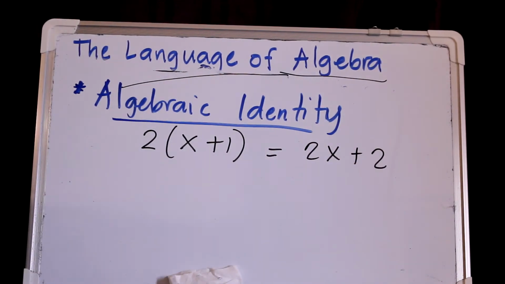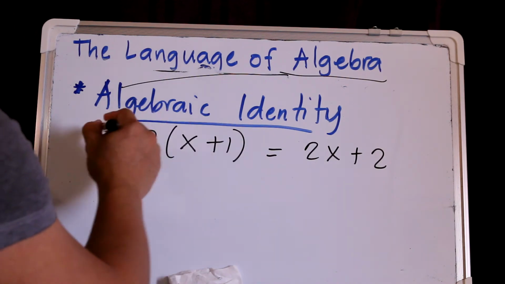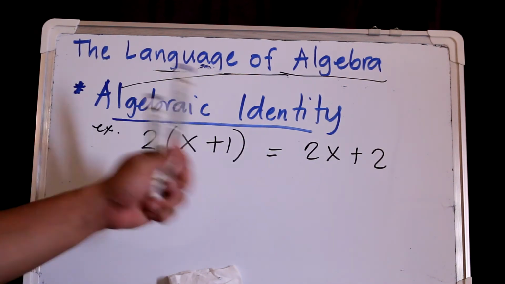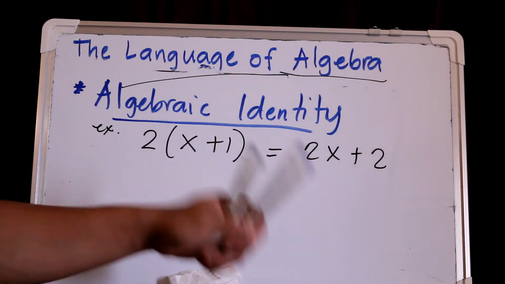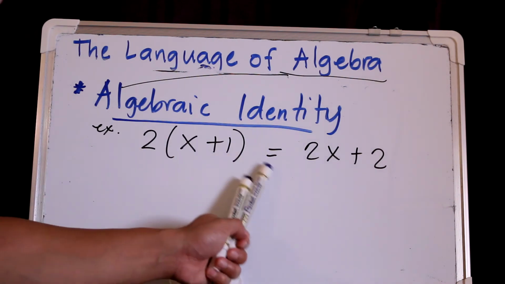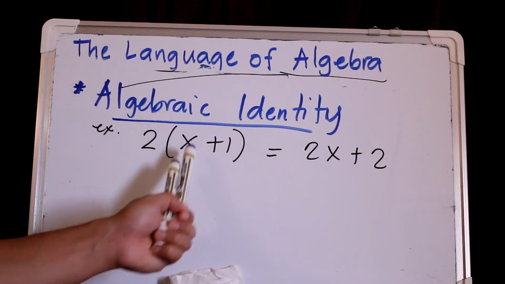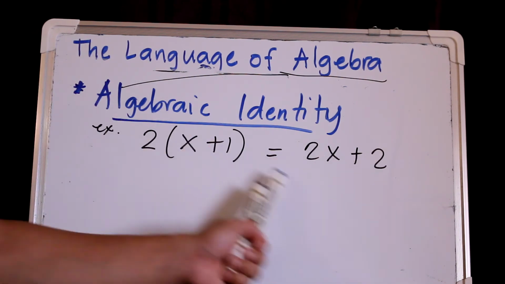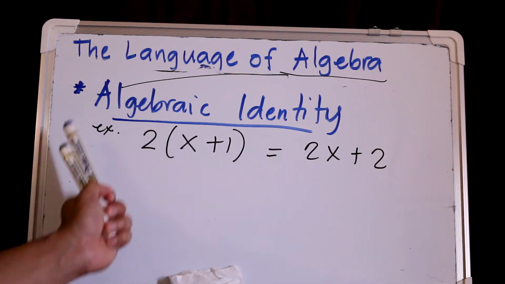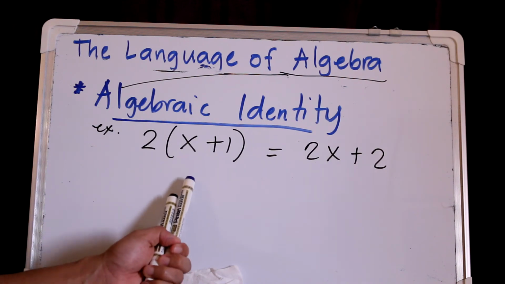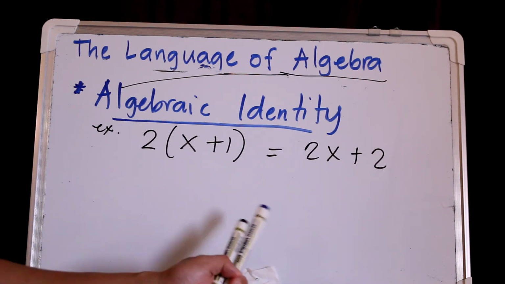So this is an example of an algebraic identity. It's an equation again, but when you solve for the left side and the right side of the equation, you have the same answer on both sides.